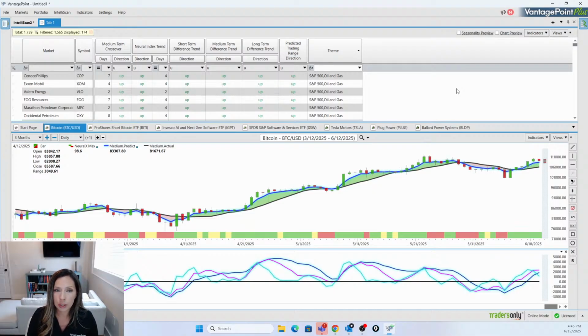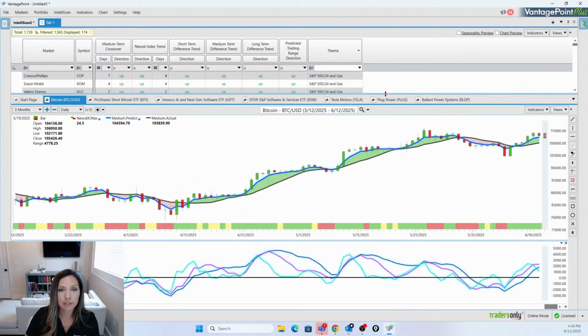So if you're a VantagePoint user, are you using themes? Do you find areas of the market that are trending before you're entering into a position? That's for just market analysis, market assessment. Whether you're a VantagePoint user or not, do you first look at where the markets are and get a good market assessment? Then from there, are you looking at the individual sectors that are moving and have money flowing into them?